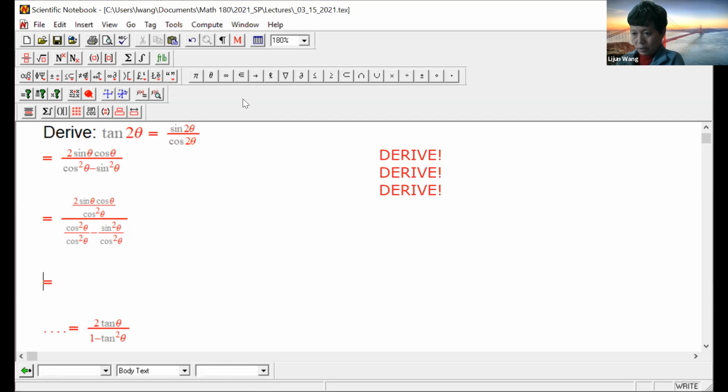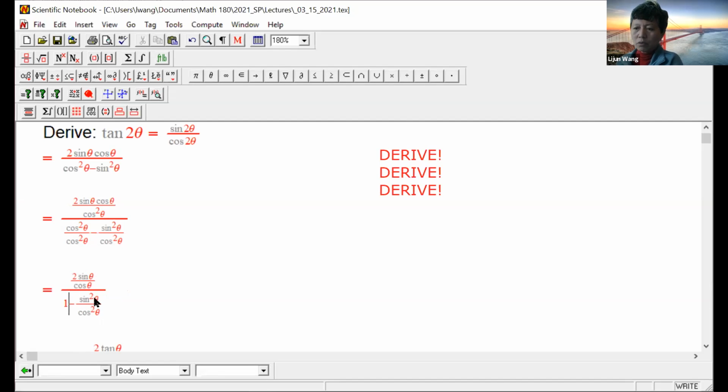What do we get here then? Cosine square theta, cosine theta. So one of them is gone. Cosine square theta divided by cosine square theta, that's 1.